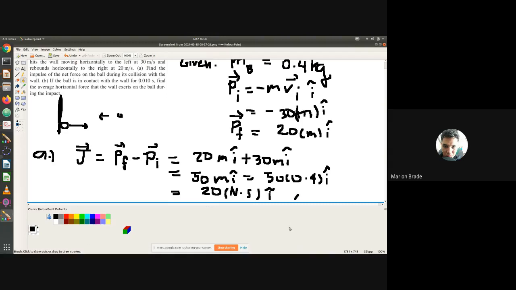So this is the impulse of the net force. To get the magnitude you take the square root, but it is still 20, so the magnitude of your impulse is 20 newton-seconds. Okay, so next question.